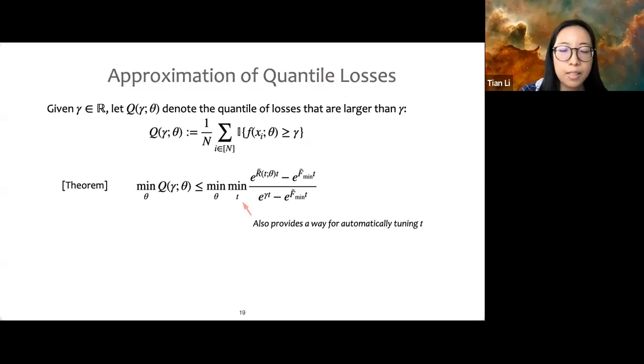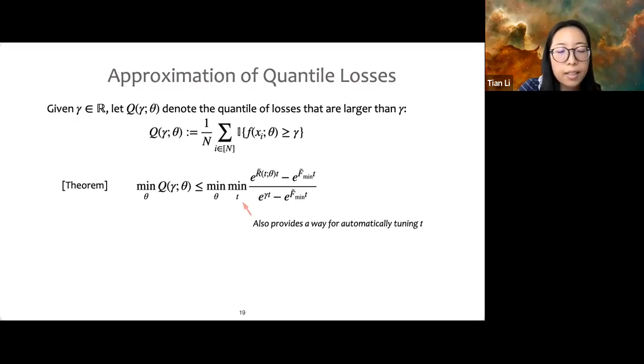We show that some function based on TERM, shown on the right-hand side of this theorem, can offer an upper bound of this fraction of the losses that are larger than gamma. So basically, if we solve the right-hand side, we can guarantee that the left-hand side is smaller than that. And the right-hand side is relatively easier to solve.